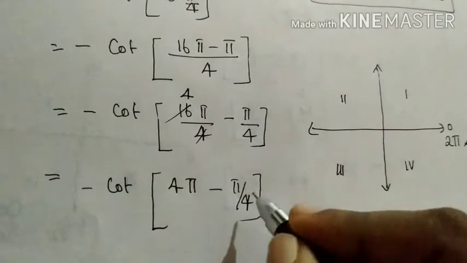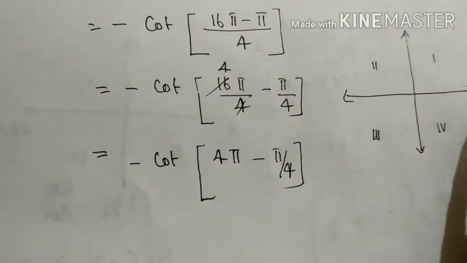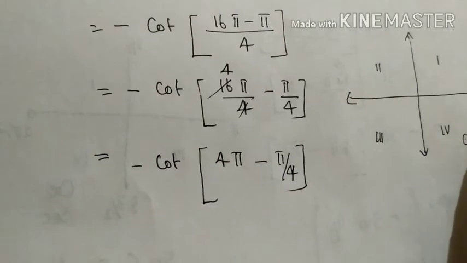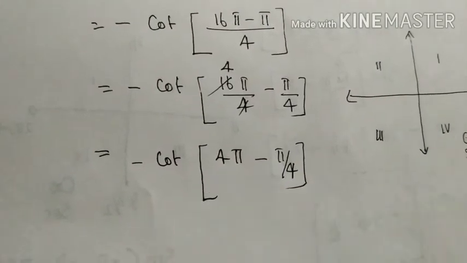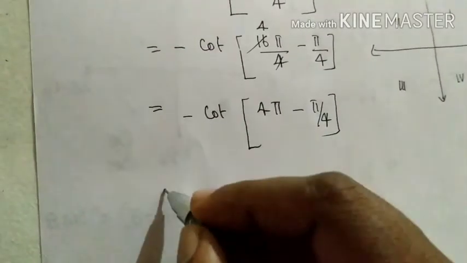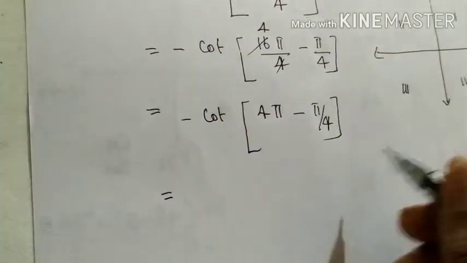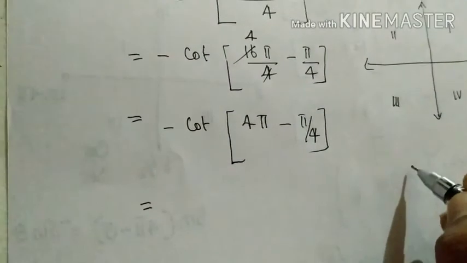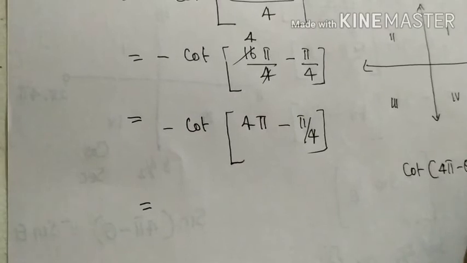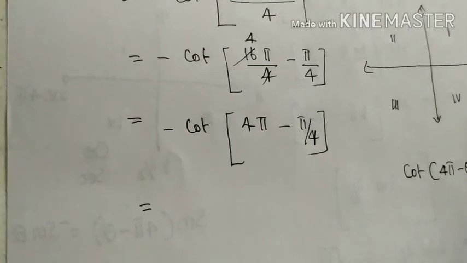So 4 pi minus pi by 4 means the angle lies in the fourth quadrant, and only cos and sec values are positive in the fourth quadrant. But here we need to find cot of 4 pi minus pi by 4, or cot of 4 pi minus theta, which is equal to minus cot theta.